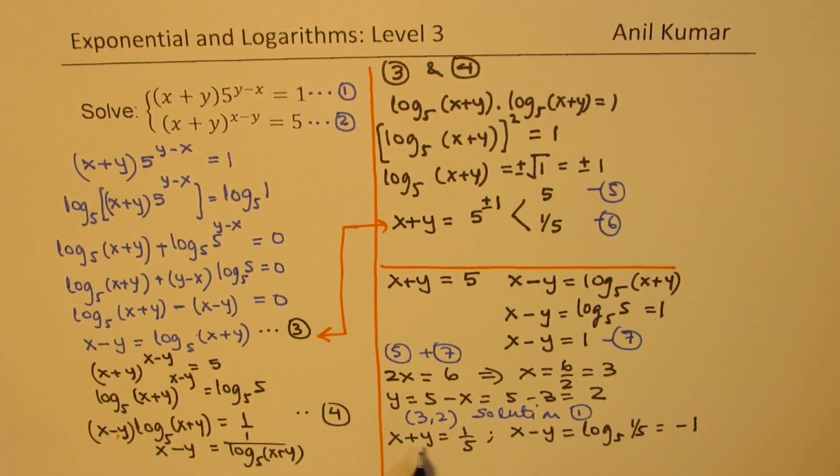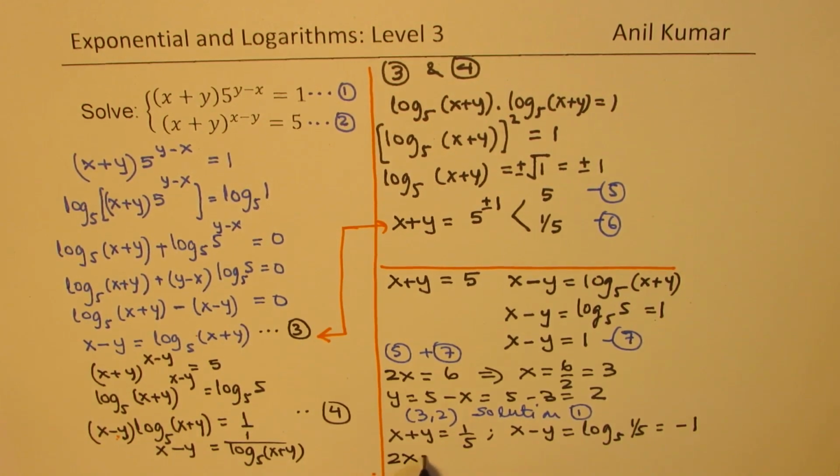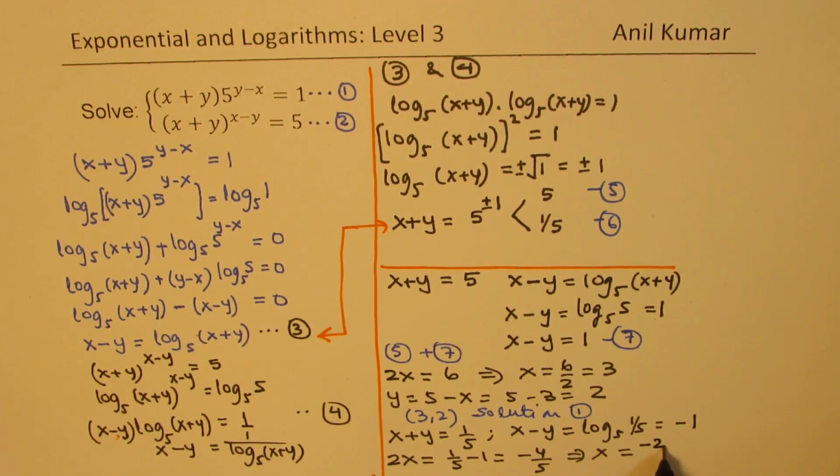And here we have x plus y as 1 over 5. So if I add them again, I get 2x equals 1 over 5 minus 1, which is 1 minus 5 over 5, that is minus 4 over 5, correct? So that gives you the value of x as half of this, which is minus 2 over 5.